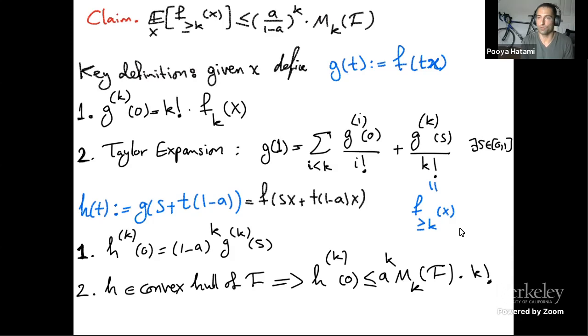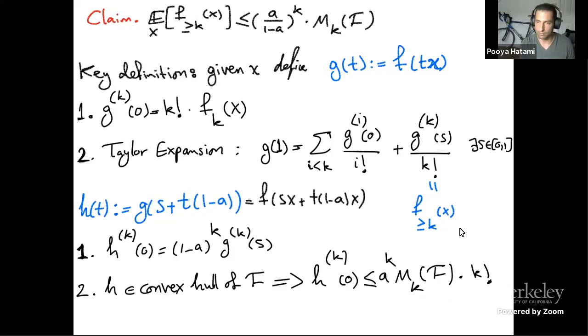And we also have this normalizing parameter a to the k, because the kth level Fourier coefficients all have this a to the k normalizing factor coming out of it, because x was a minus a to the n variable. And that's how you can bound this kth derivative evaluated at 0 by a quantity that's now related to MK.